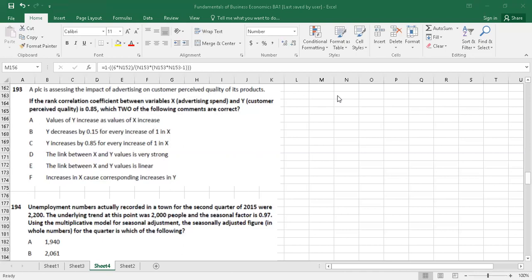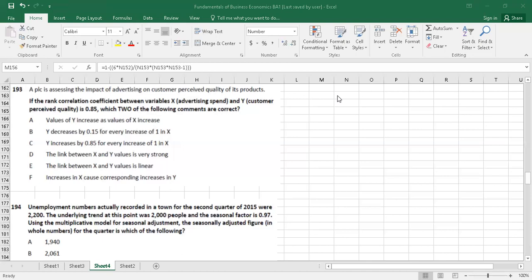A straight line linear relationship is defined as y is equal to a plus bx, but that relationship is not defined here. We only know the rank correlation, calculated from the difference in the ranks between two variables. It is not in the form y equals a plus bx. If it were, it would be linear. That is not there. So D is correct, not E.